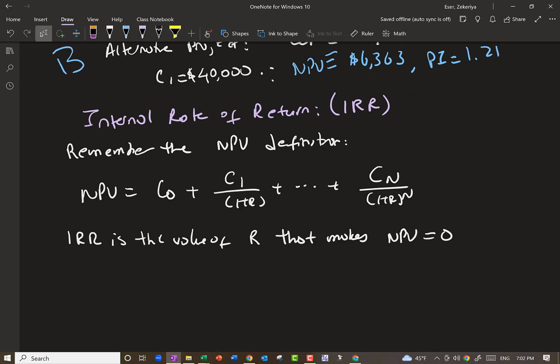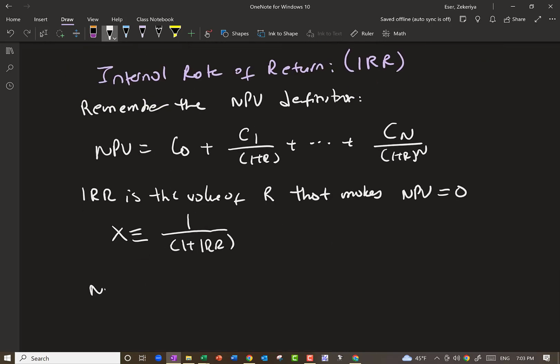Alternatively, it solves the following equation. Define X as 1 over 1 plus IRR. Okay. Then the NPV equation, which defines IRR, is C0 plus C1 times X plus C2 times X squared, C3 times X cubed, up to Cn times X to the n.